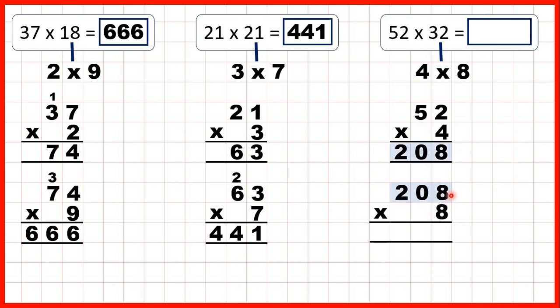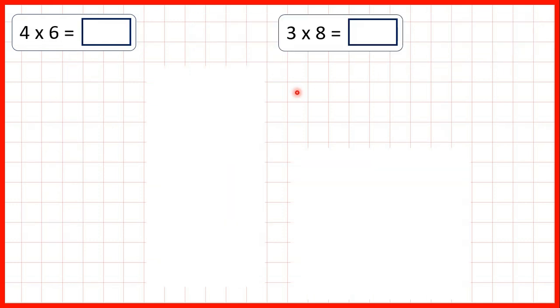So now we can take that answer and multiply it by 8, because that's the other number in our factor pair. 8 times 8 is 64, so 6, 4. 0 times 8 is 0, plus 6 is 6, and 2 times 8 is 16. So we get 1664.